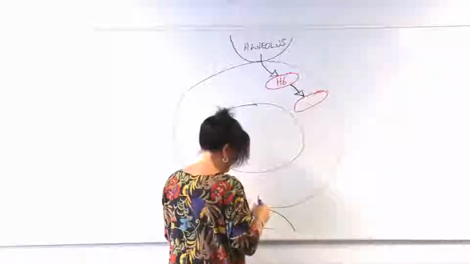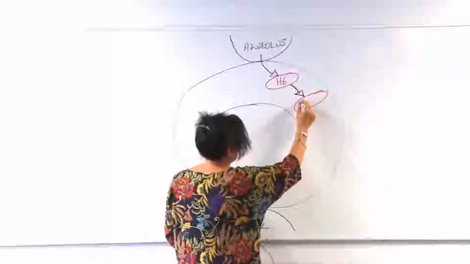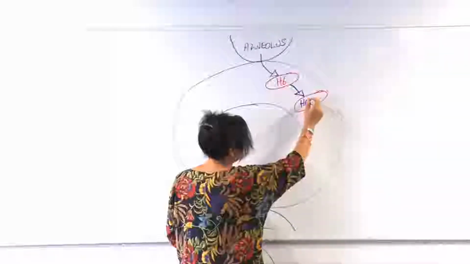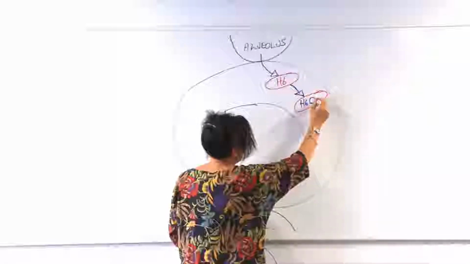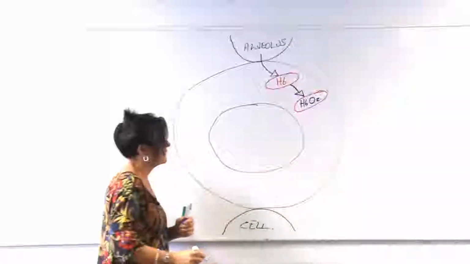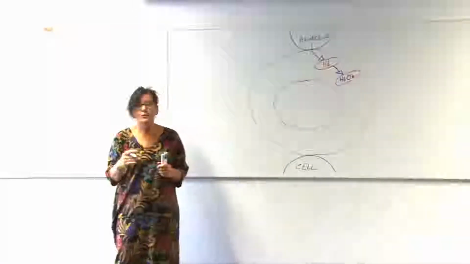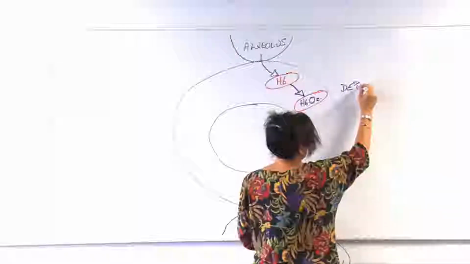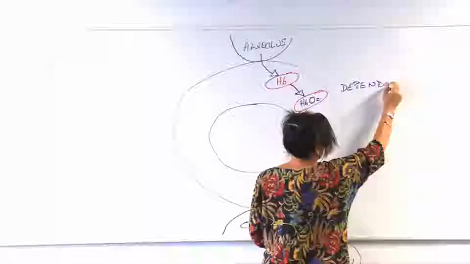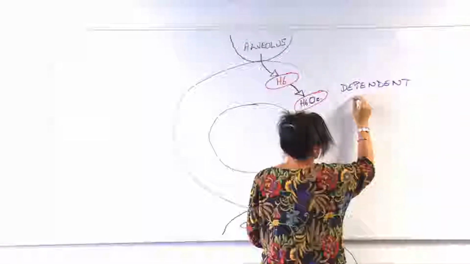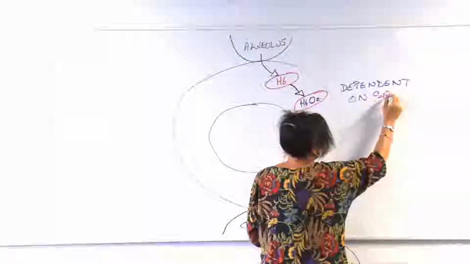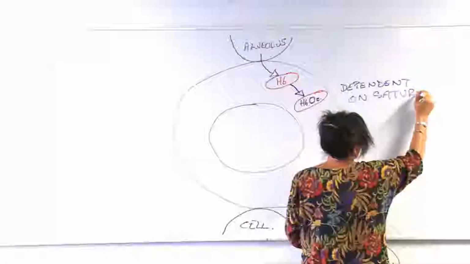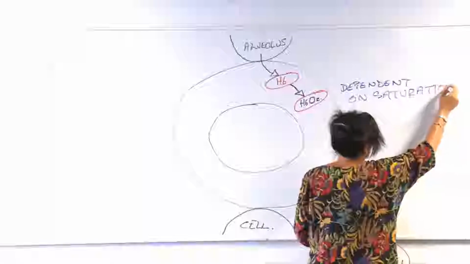So we have Hb for hemoglobin, O2 for oxygen. And that, of course, is dependent upon saturation. Several things affect saturation.